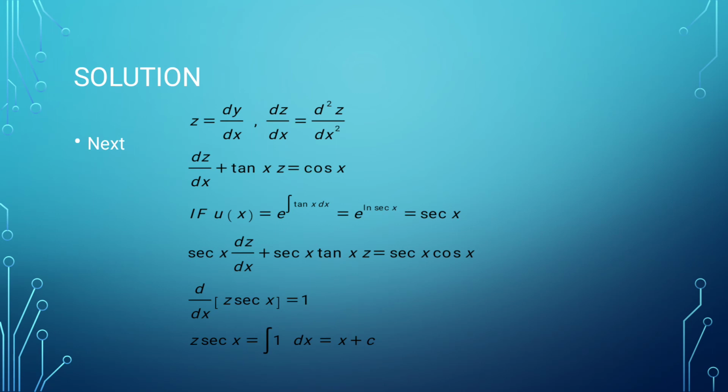We let z be equal to the derivative of y with respect to x, and therefore we get dz/dx, and we substitute respectively. When you substitute, you'll find this is true.